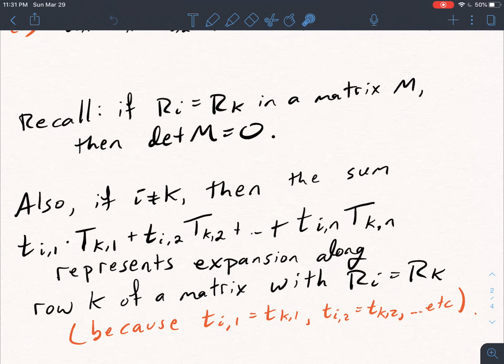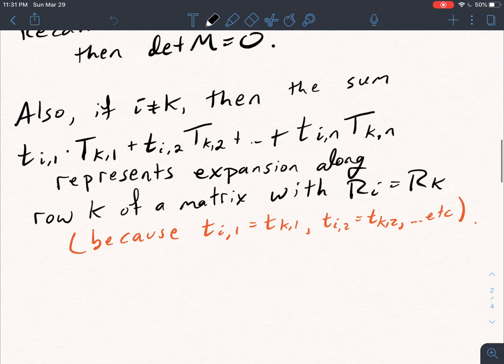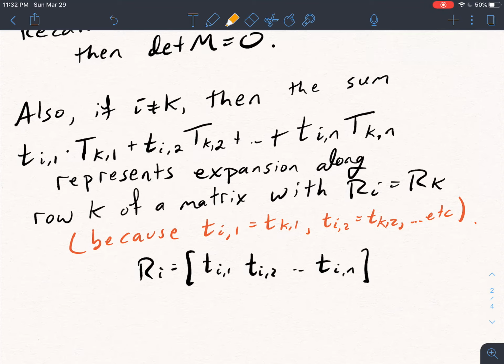And the reason being, if row i and row k are equal, then we want to think of row i as being equal to Ti1, Ti2, up through Tin. So row i and row k are equal.